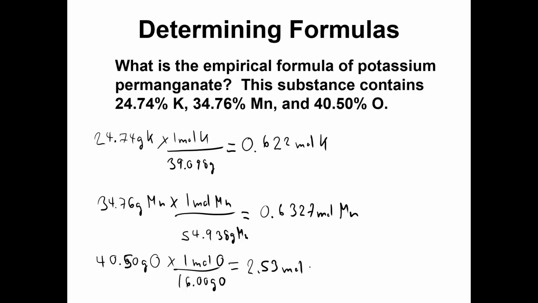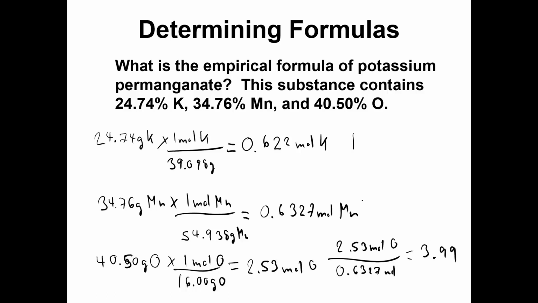Okay, so just take the larger, 2.53 moles of oxygen, and divide it by one of these, 0.632327 moles, and you actually end up with 3.99, which is a 1 to 4 ratio.